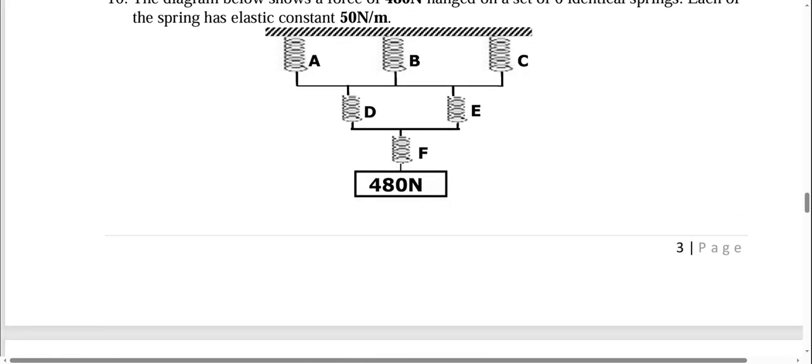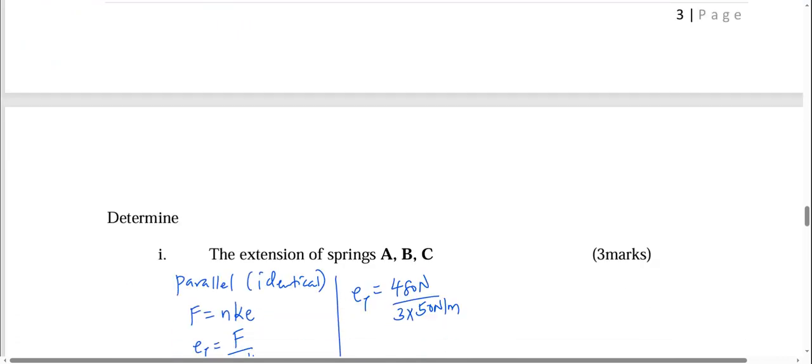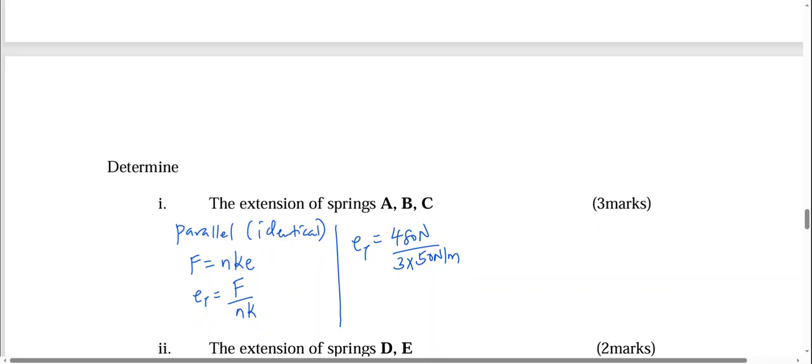Now let's use our calculators and get the answer. For this case, I'm getting 3.2 meter. Therefore, the E total for ABC is 3.2 meter.